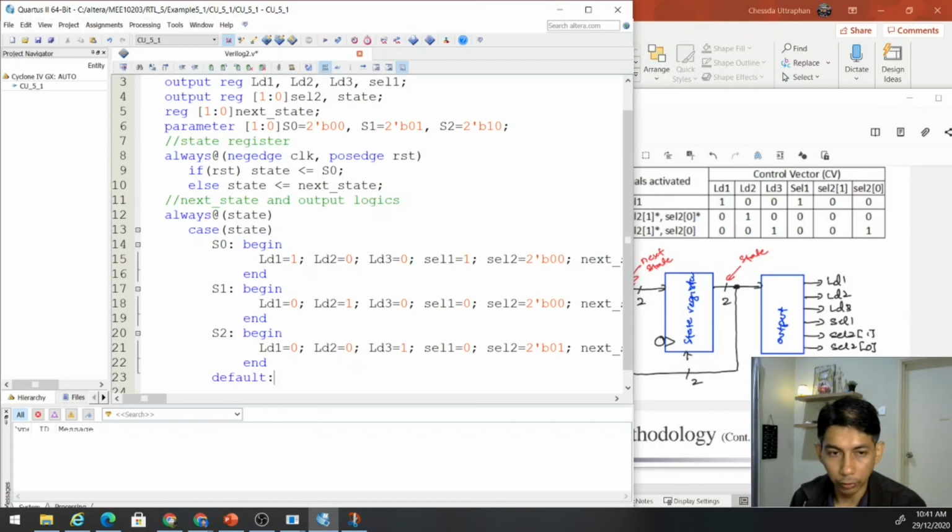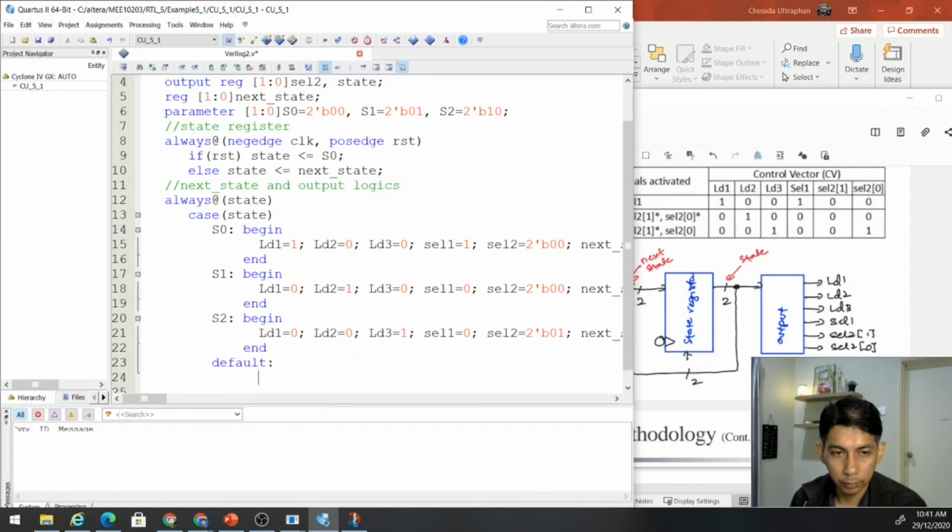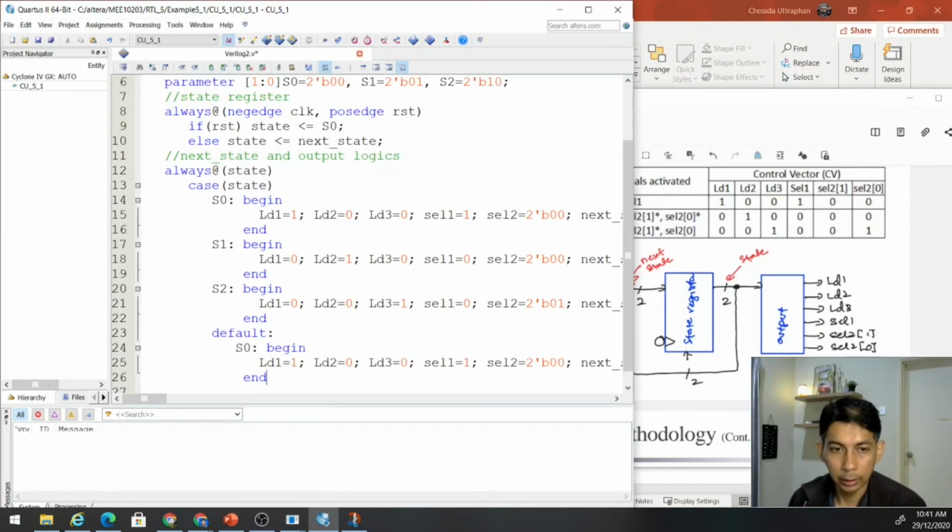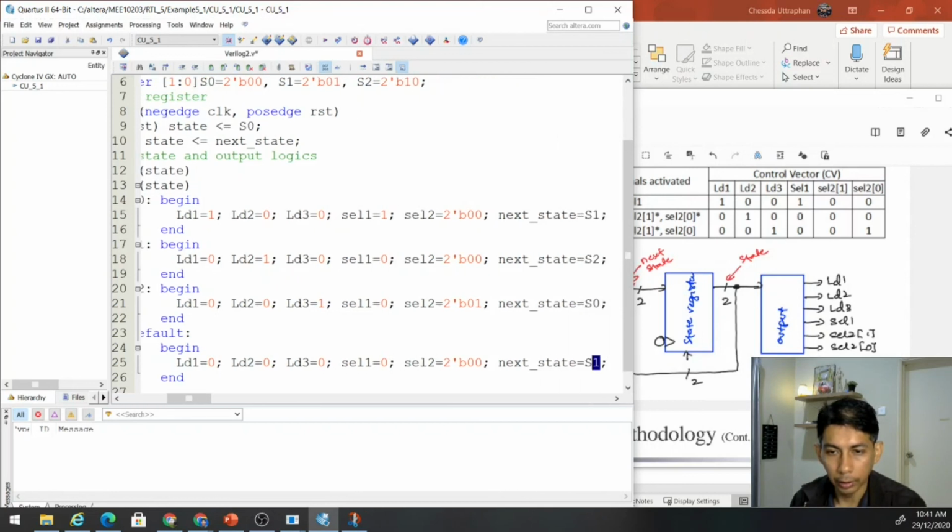So you can use default, and if other than that, we put everything to 0, and we stay at state 0. Should be okay with that.